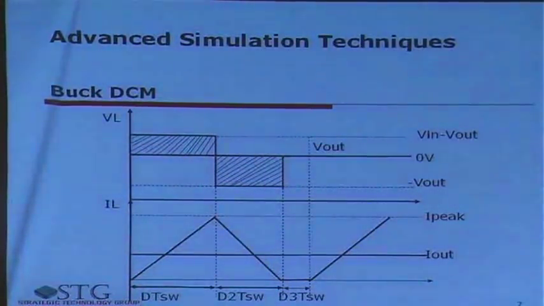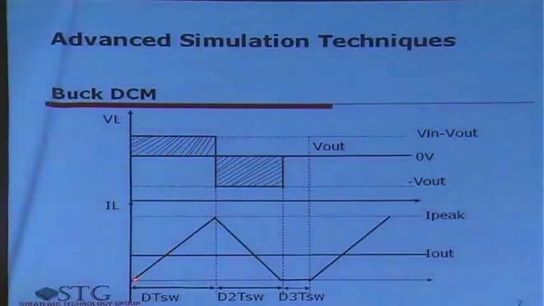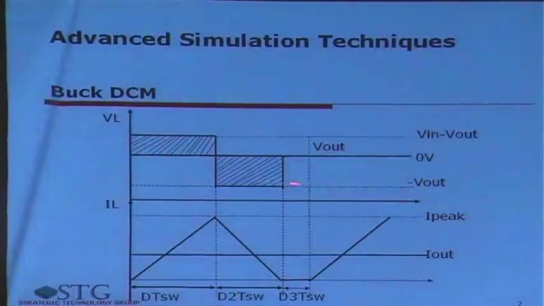The principles still apply because the average voltage across the inductor still has to be 0. So you can say, okay, VL, and what is the voltage here? It's V in minus V out, because this switch is on, so this is V in, this is V out. So V in minus V out multiplied by D, right? And then the voltage here is minus V out, times D2, and the sum has to be 0.